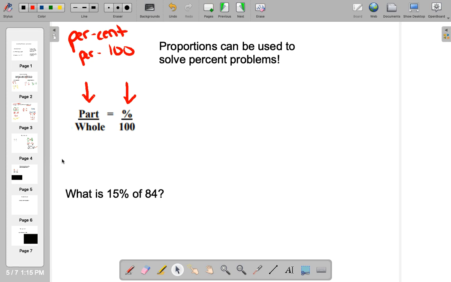If I have 15% of 84, in order to set up this percent, I need to remember that I'm making a proportion. So I set that up right away. Now, if I look out of here, I know part out of whole. Well, 15% of something, well, 84 would be the whole value here. And we're looking for the part, and that would make this x.